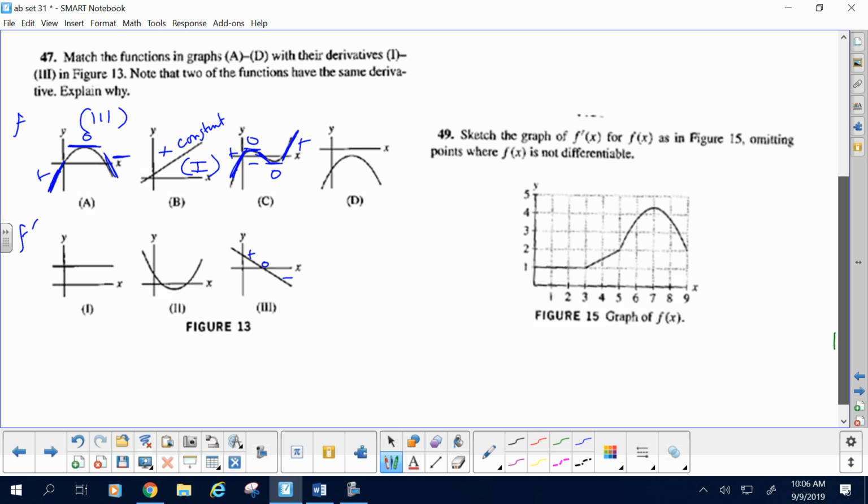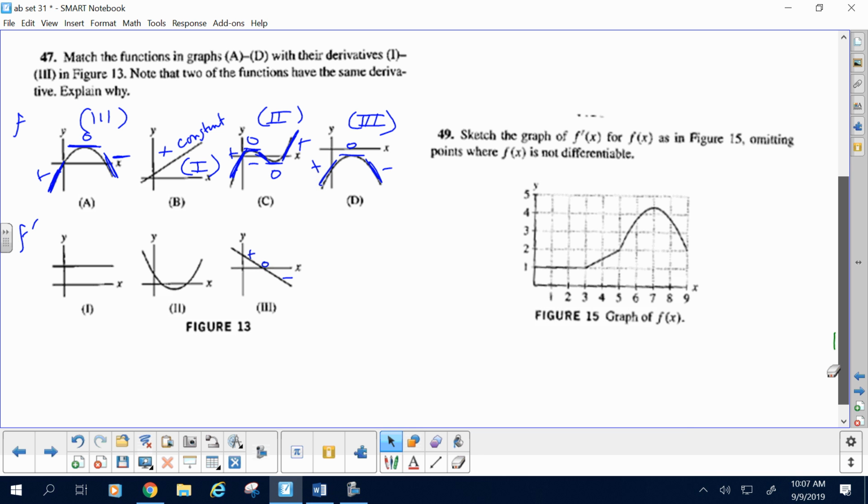And so which has two zeros and then goes positive, negative, positive. That's 2. Cool. And the last one goes like positive, 0, negative. Which one has positive, 0, negative? 3. All right.